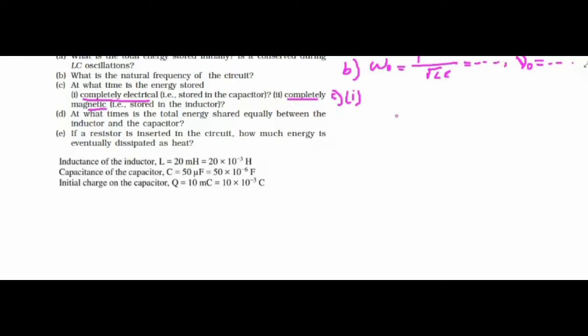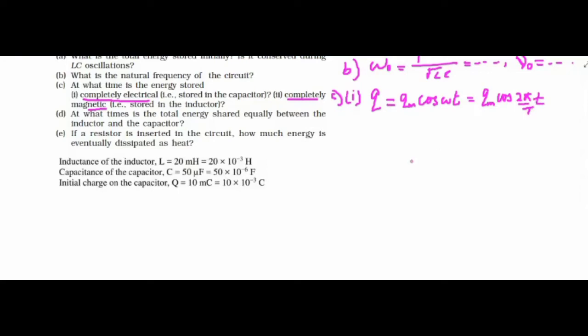Energy is completely electrical means, we'll start with the formula of charge. Q is equal to Qm cos omega t, and omega can be written as 2 pi by T, so Q is equal to Qm cos (2 pi by T) into t.